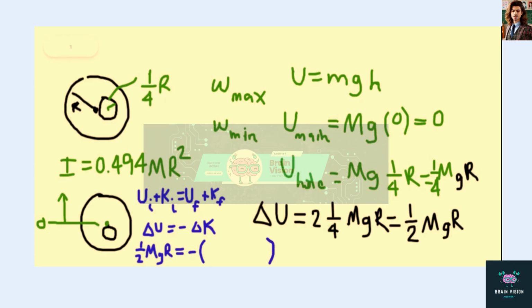Delta K would be, kinetic energy is 1/2 I omega squared, so this would be omega min squared minus omega max squared.